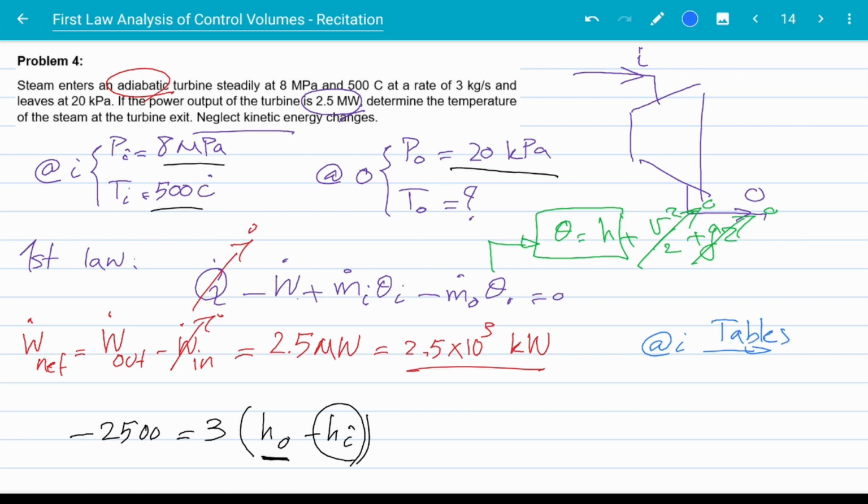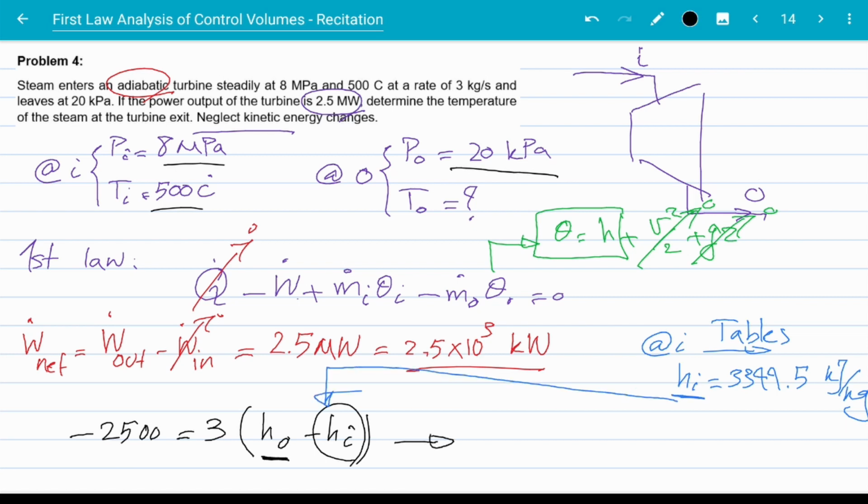So if I check the tables at the entrance, I will see that we are dealing with a superheated steam because 500 degrees Celsius temperature is greater than the saturation temperature at 8 megapascals. So I go to the superheated tables and read that h of i is actually 3,399.5 kilojoules per kilogram. Now let's plug this number here.